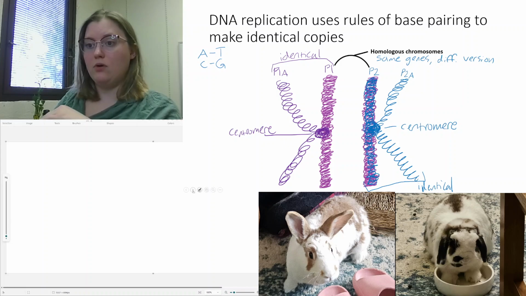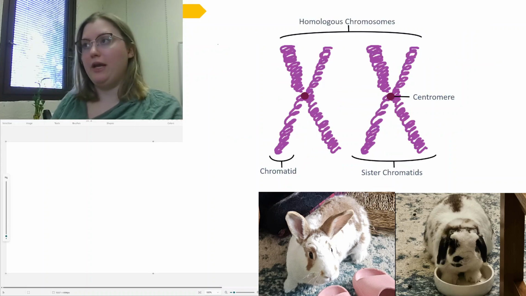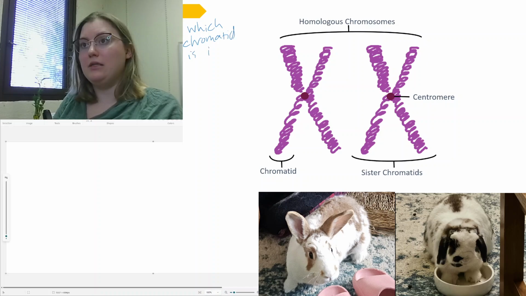Okay, so for this, I want you to answer the question of which chromatid is identical to the circled chromatid.